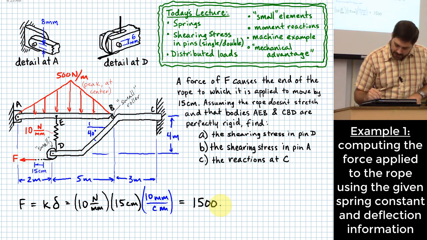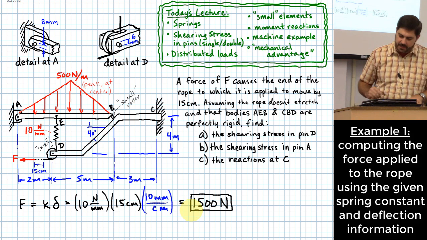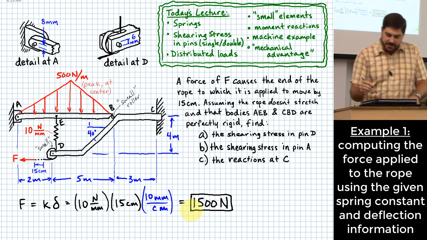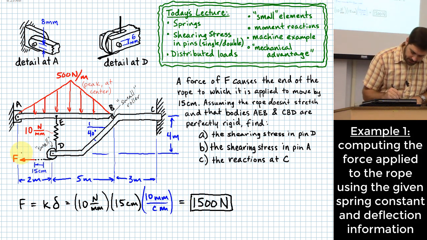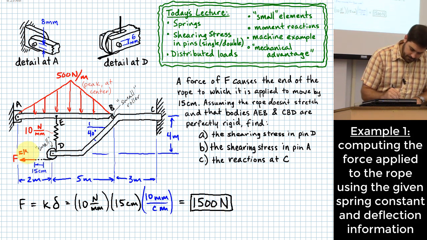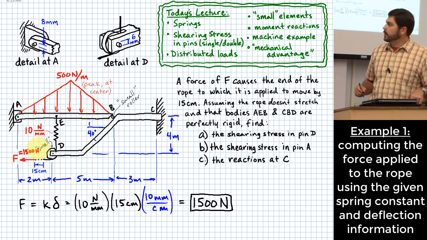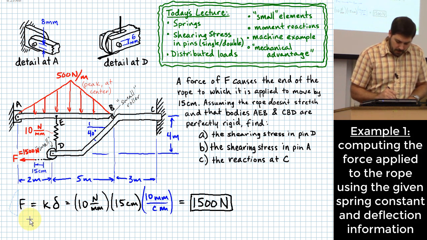And that's going to be in what kind of units? Newtons, okay? So the very first thing we did here is we figured out that this F is actually going to be equal to 1,500 newtons. Okay, it's a good little warm-up.